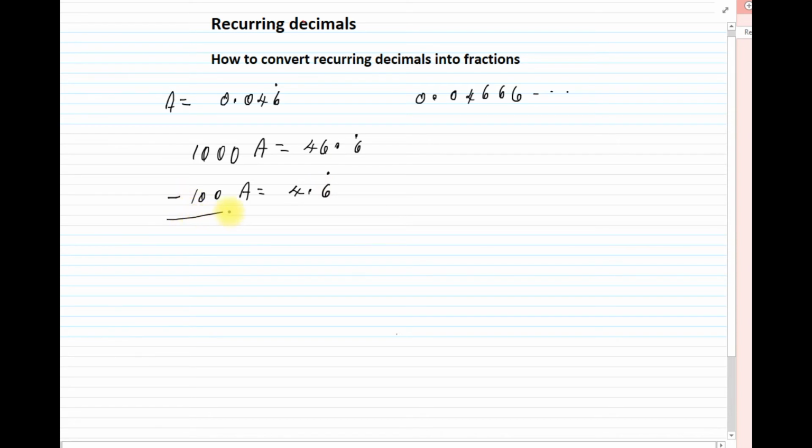Now, as before, we do a takeaway. So I have 1000 minus 100, which becomes 900A, is equal to 46.6 dot minus 4.6 dot, which becomes 42. So A will be equal to 42 divided by 900.